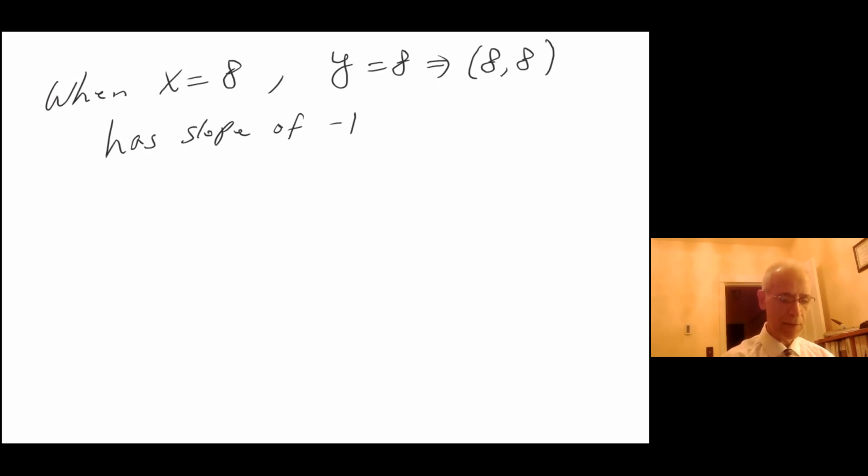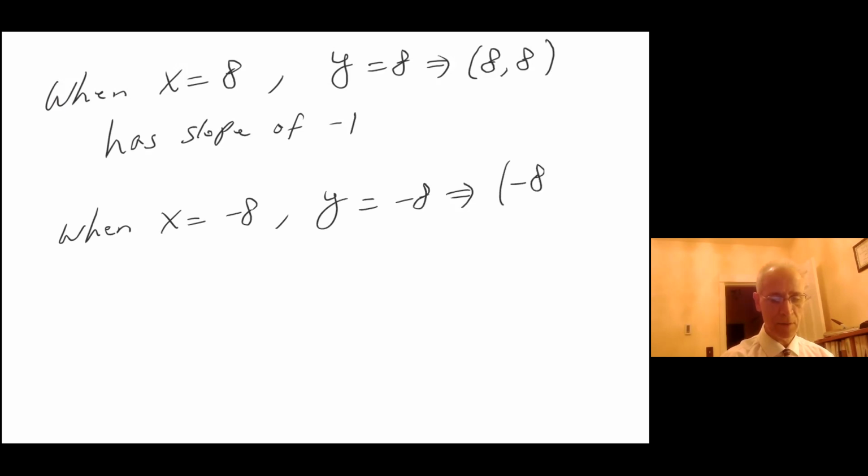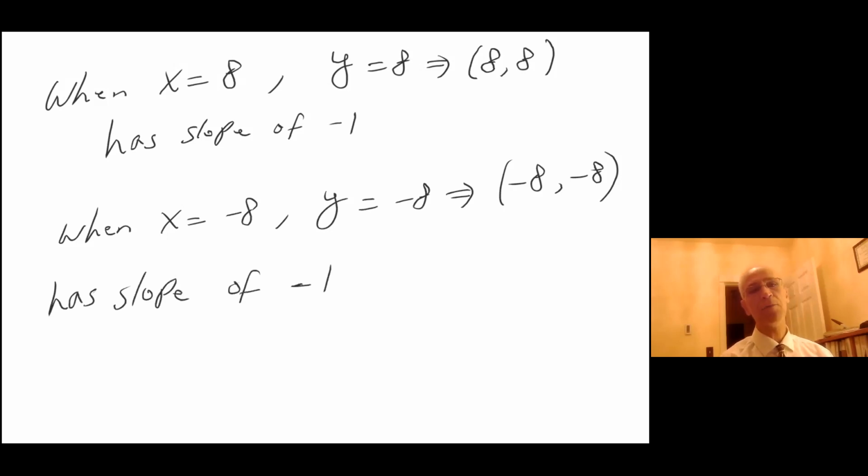And when x equals -8, y equals -8. So it follows that the point (-8, -8) also has slope of -1. I hope you enjoyed this example.